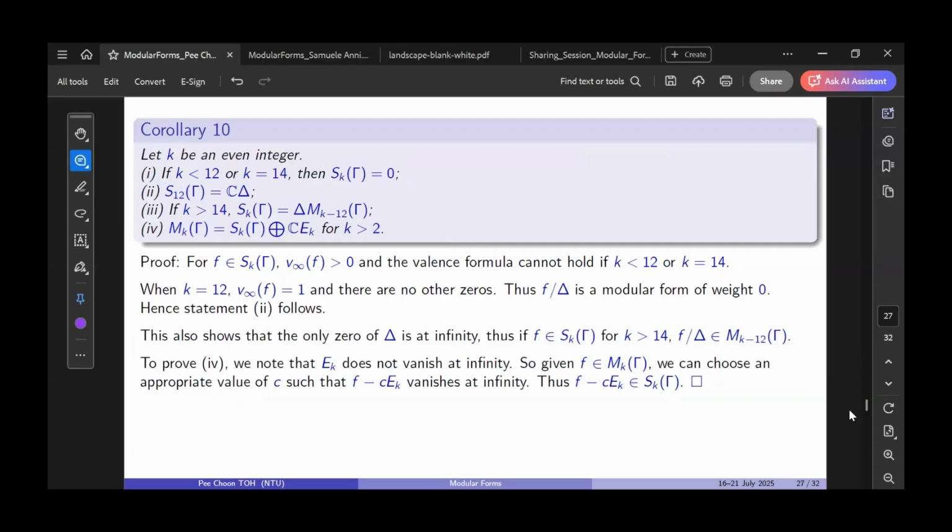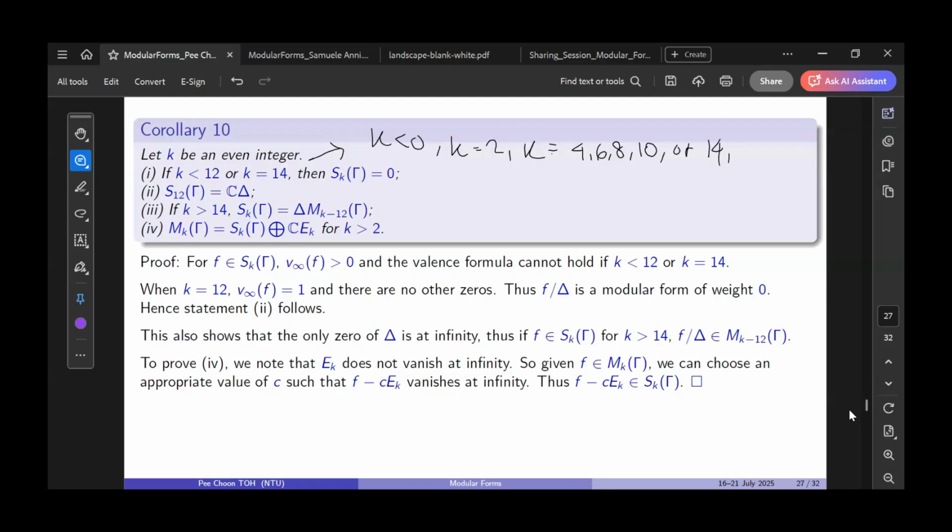If k is less than 12 or k is equal to 14, so basically when k is negative, k is 2, k is 4, 6, 8, 10, or 14, so basically the specific case that we have mentioned before, then the cusp form is always 0.